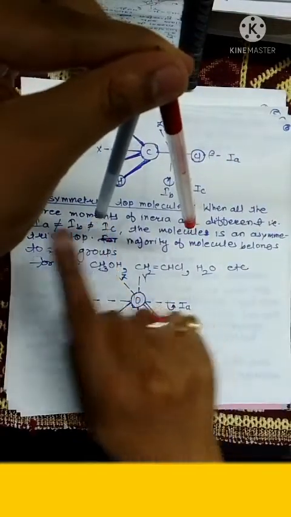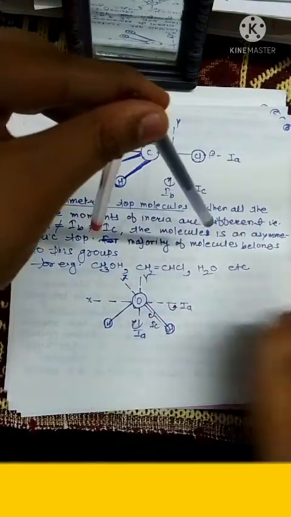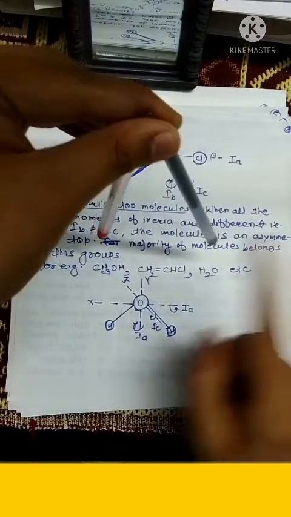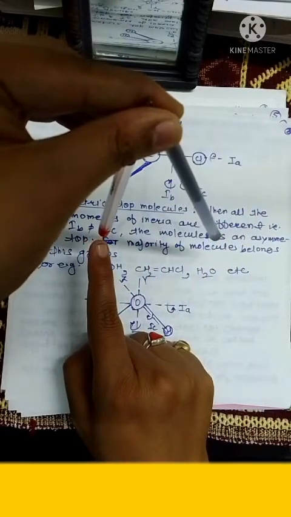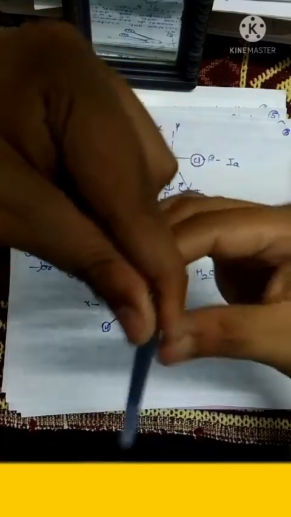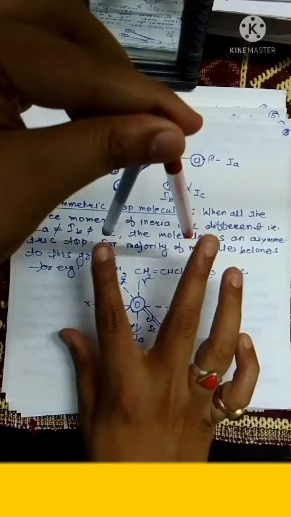This hydrogen comes on this plane. Just see, this hydrogen was first present on the right hand side. This hydrogen is present on left hand side. When we rotate it, what is going to happen? Position of hydrogen interchange.